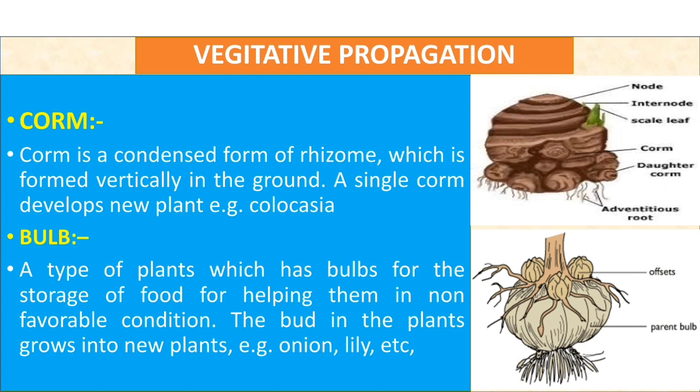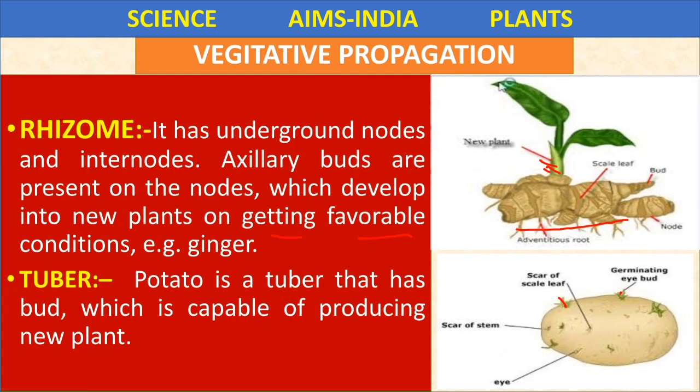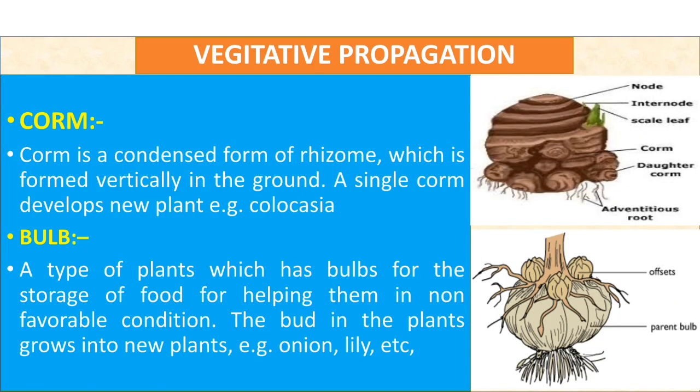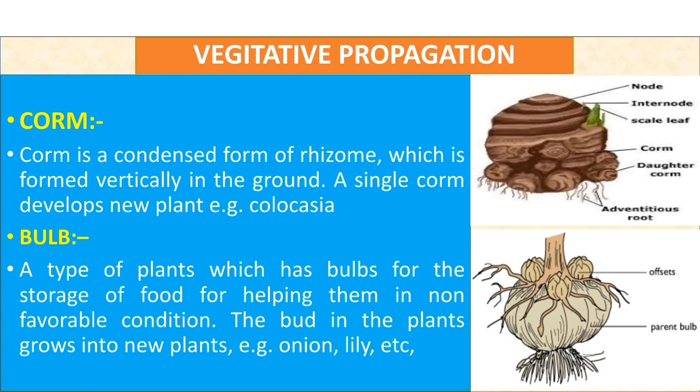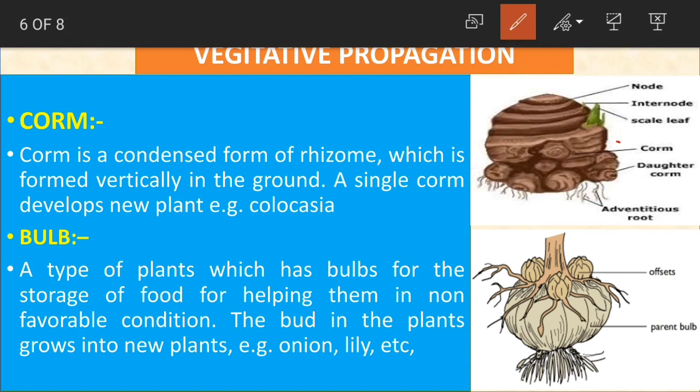What is a corm? A corm is a condensed form of rhizome, a hard substance, which is formed vertically in the ground, and a single corm develops into a new plant. See here, this is the corm, and every single corm is going to develop into a new plant. And what is a bulb, children?